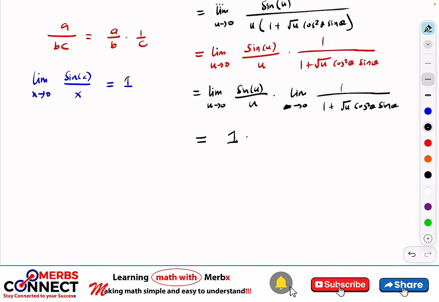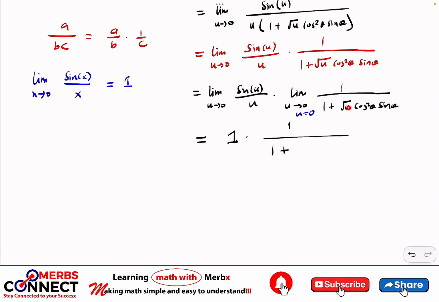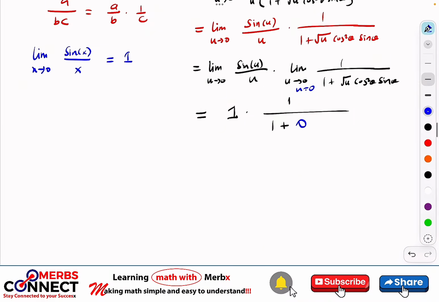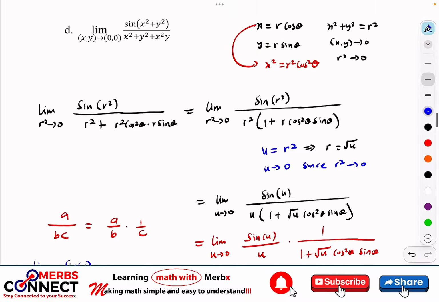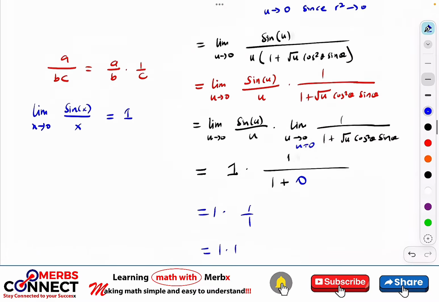This is going to give us 1 divided by 1 plus. Now when I set u equal to 0 here, the square root of 0 is 0. So 0 times this is going to give us 0. So I'm going to have 1 times 1 over 1, 1 times 1, and this is a big 1. Wow, this is also very nice and beautiful. So we had 1 for this.